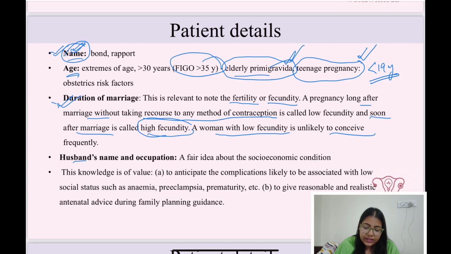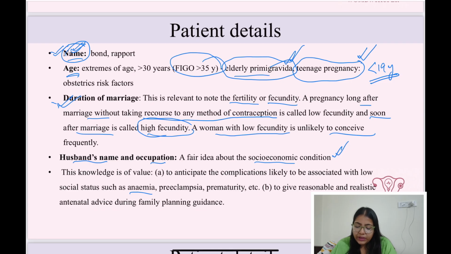Next, husband's name and occupation is important because from husband's occupation you can know about the socio-economic background of the patient. And why is socio-economic background important? Because suppose the patient has anemia or malnutrition, so we tell the patient to consume a high protein diet or protein biscuits like Peptin or protein powder, and we tell the patient to consume iron rich foods, which can be fruits, vegetables, jaggery and dairy products.